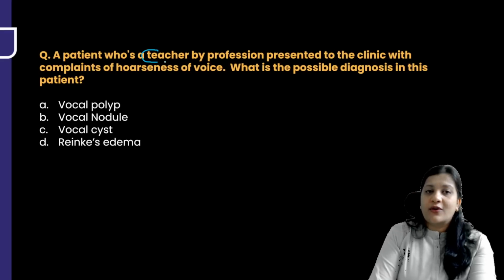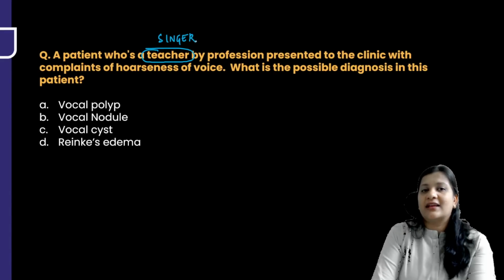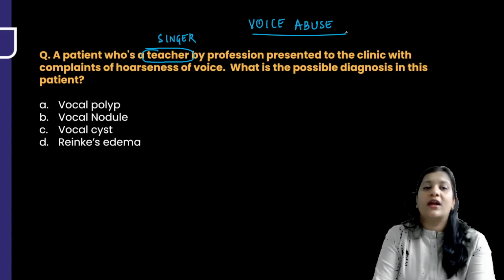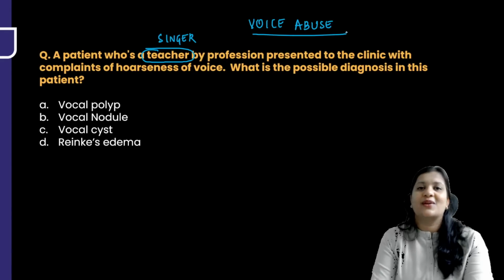Whenever we talk about a teacher, a singer, a hawker, where there is excessive voice abuse, we know that excessive voice abuse is responsible for one very important condition which we call vocal nodule. So vocal nodule occurs because of excessive voice abuse.